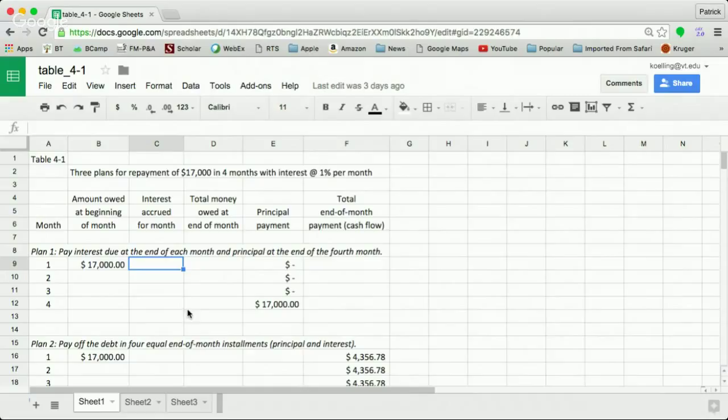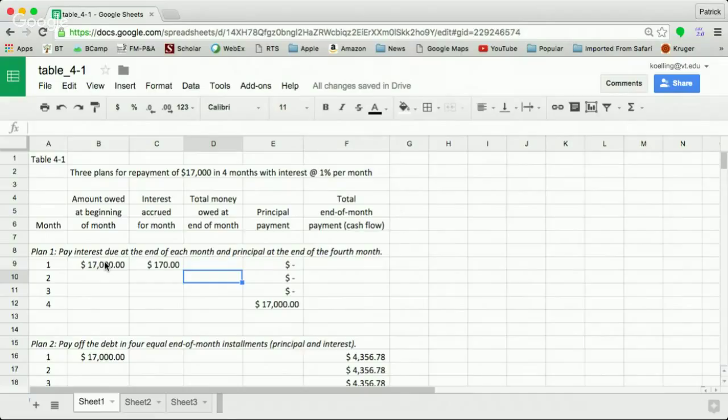Here we will have to calculate the interest accrued for the month. If we owe $17,000 and we're paying 1% per month, this is equal to 0.01, the 1%, times the amount that we owe, or $170.